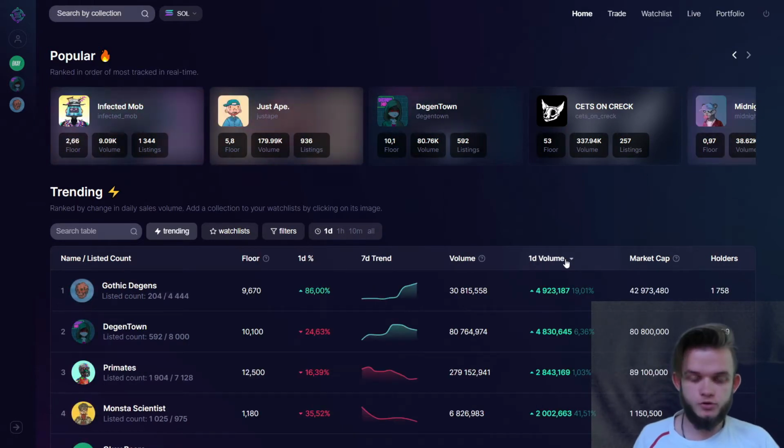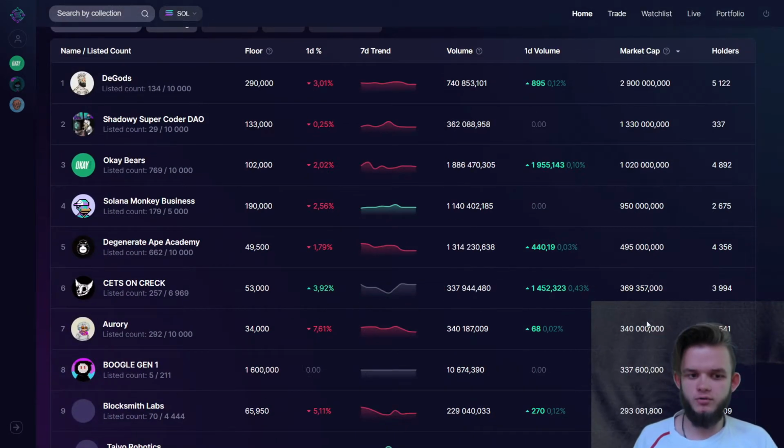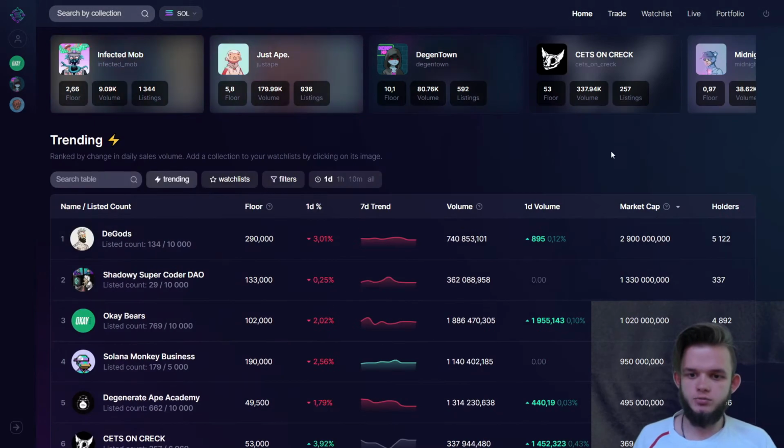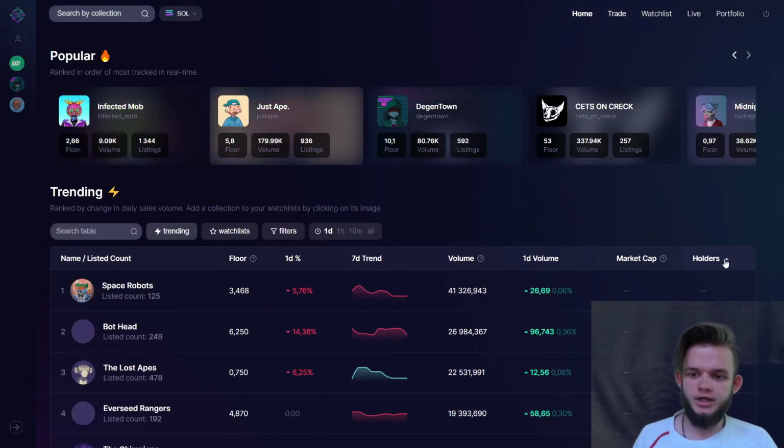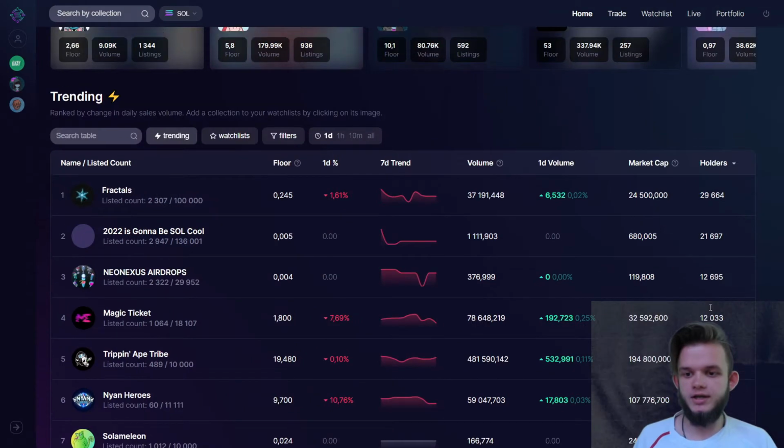This is extremely important for any collection, to check out the volume that is going on, because without the volume it won't be growing, without the hype it won't be growing. We can check the market cap, but this is mostly to check whether the collection is a blue chip, or to check the blue chips that we have for now. And we can check the number of holders right now.